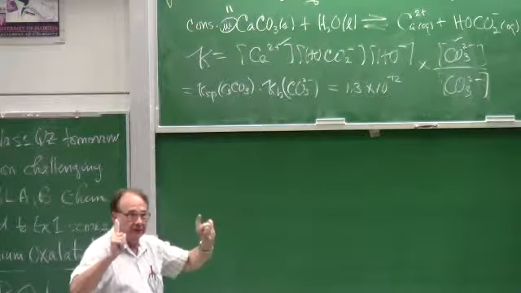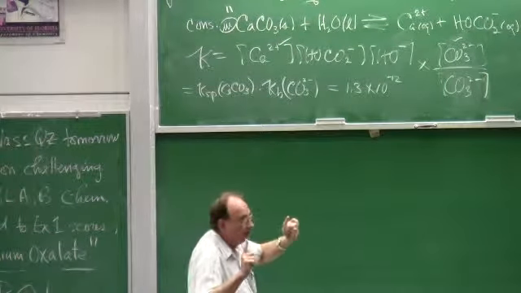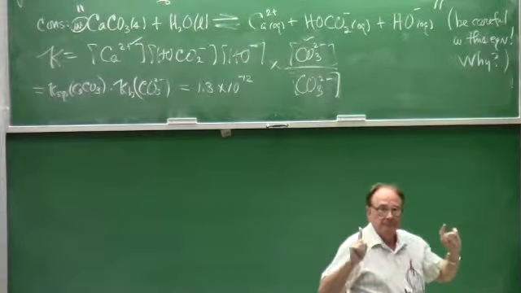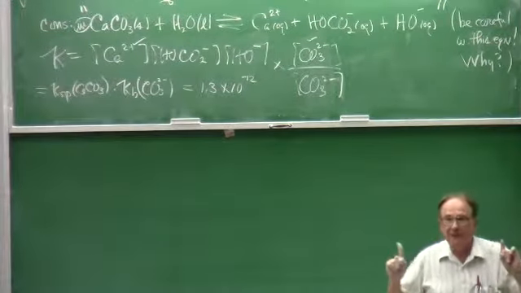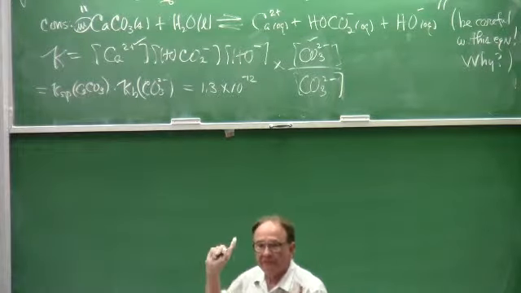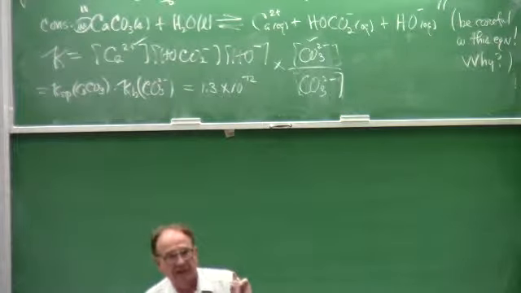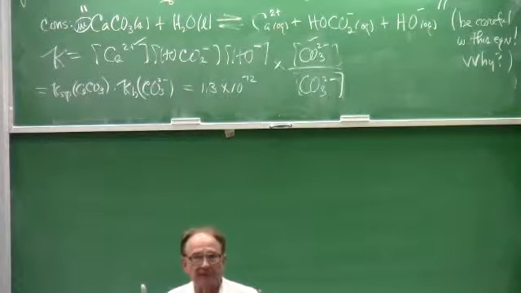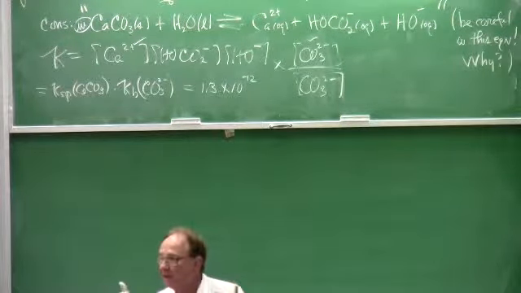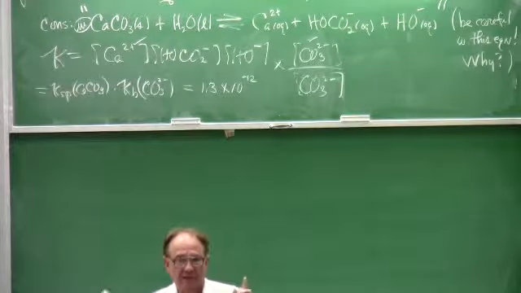Now, before we pursue this, question. How must the solubility of calcium carbonate in this special solution buffered at pH 8 compare to the solubility of calcium carbonate in straight deionized water?